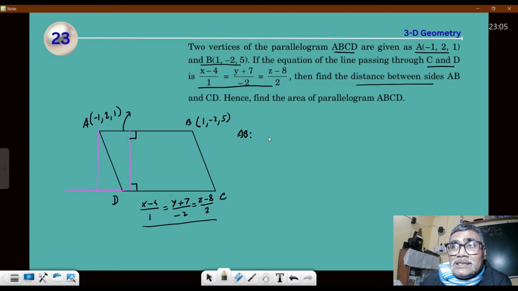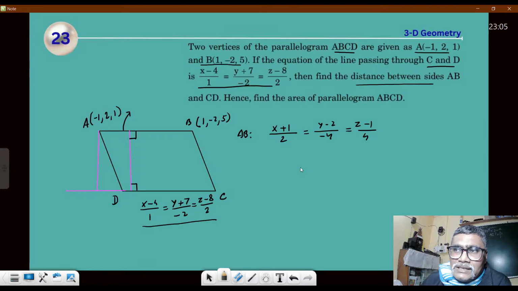Equation of AB is x minus x1, let me consider this as x1, divided by x2 minus x1. Then y minus y1 divided by y2 minus y1, that is this minus this is minus 4, and then z minus z1 divided by z2 minus z1, that is 4.